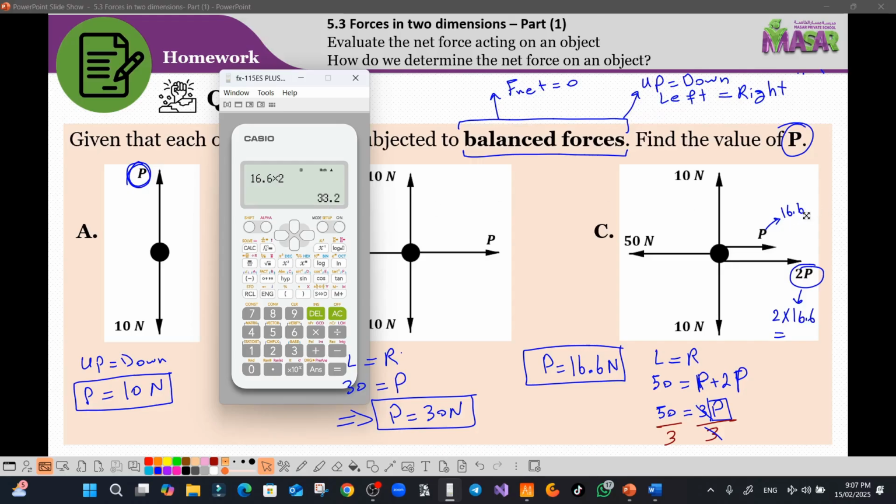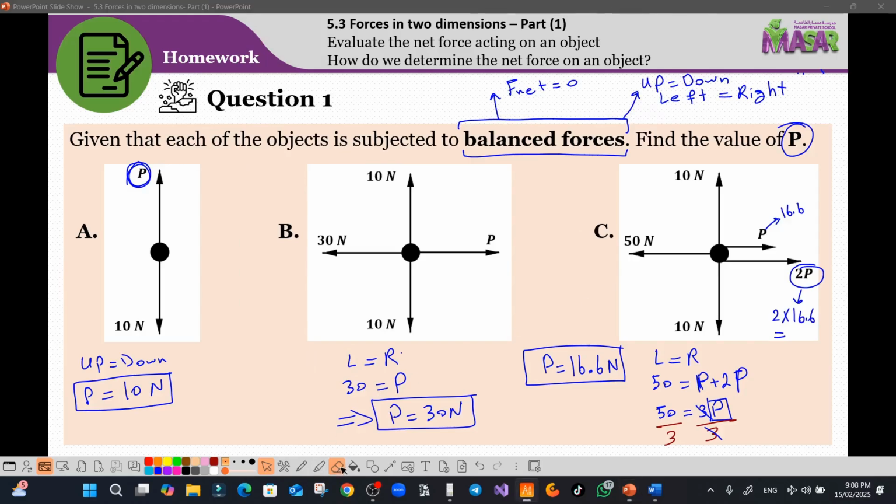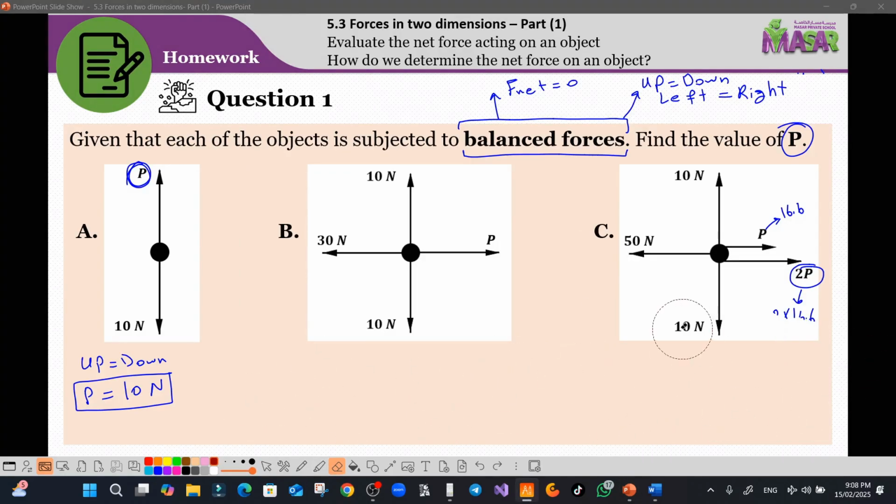If you add to it 16.6, you will get what? Approximately 49.8. But remember, I just took one number after the decimal point. If I include all the numbers that come after the decimal, I will get something equal to 50, which means equal to the left. Now let's complete the solution now.